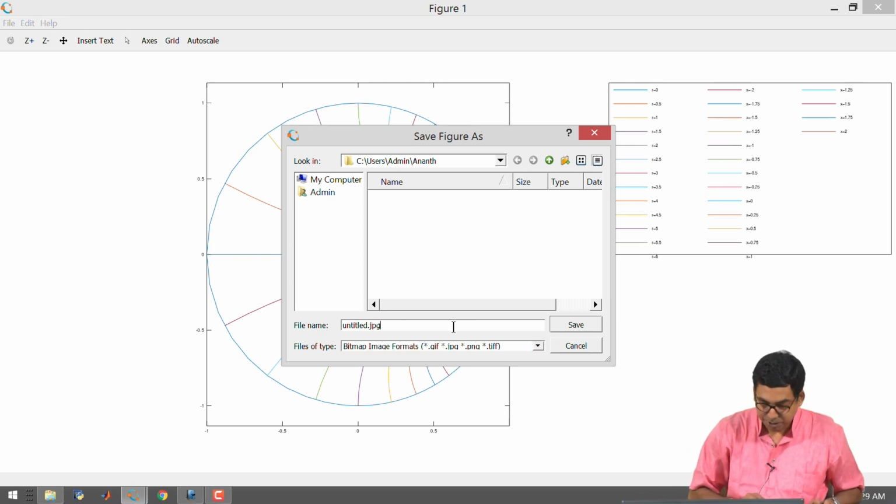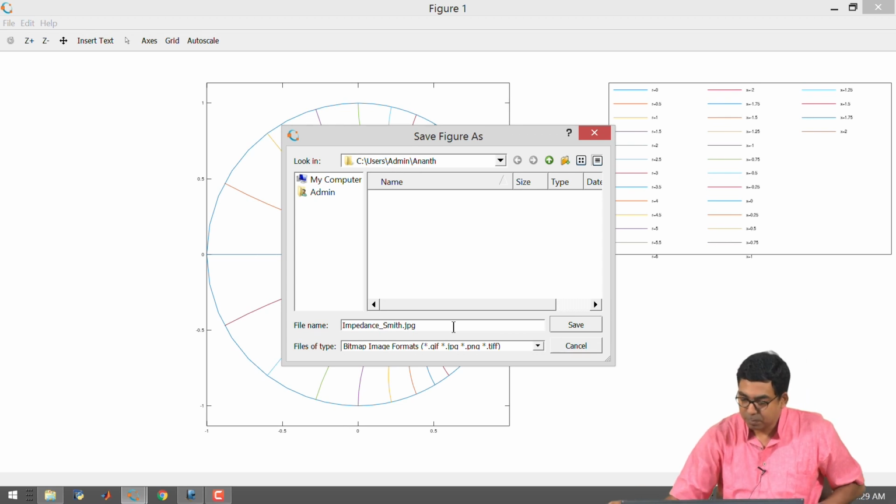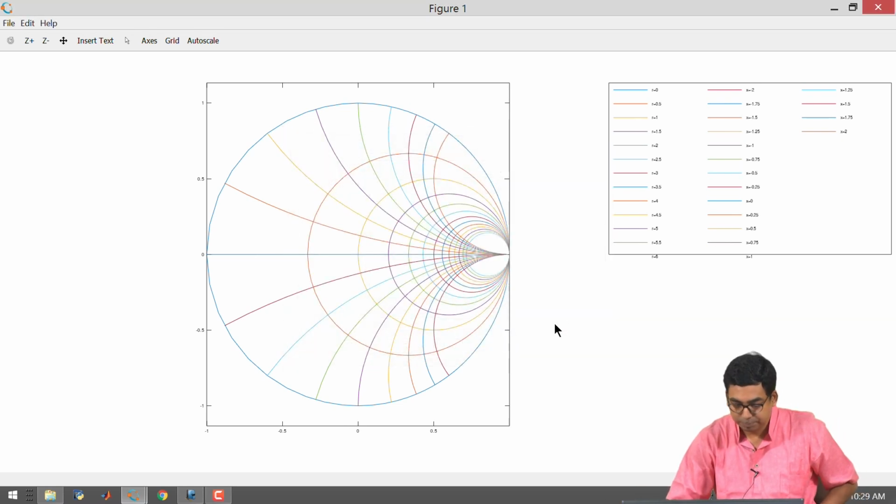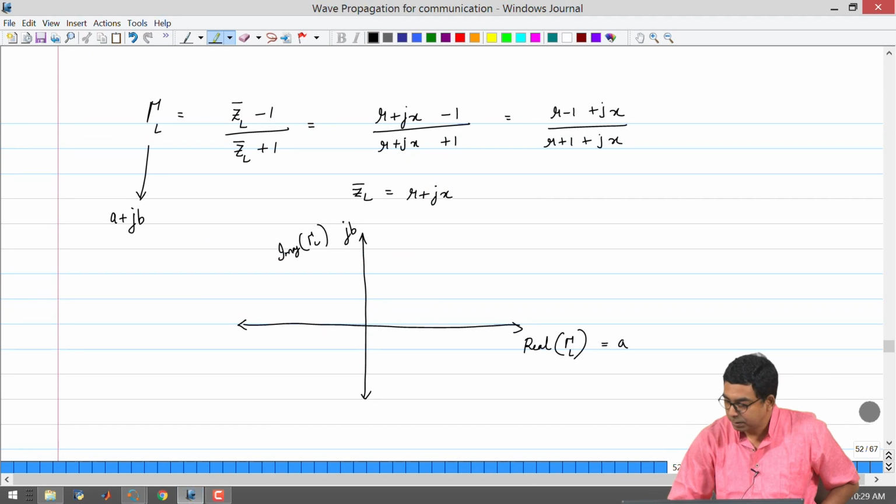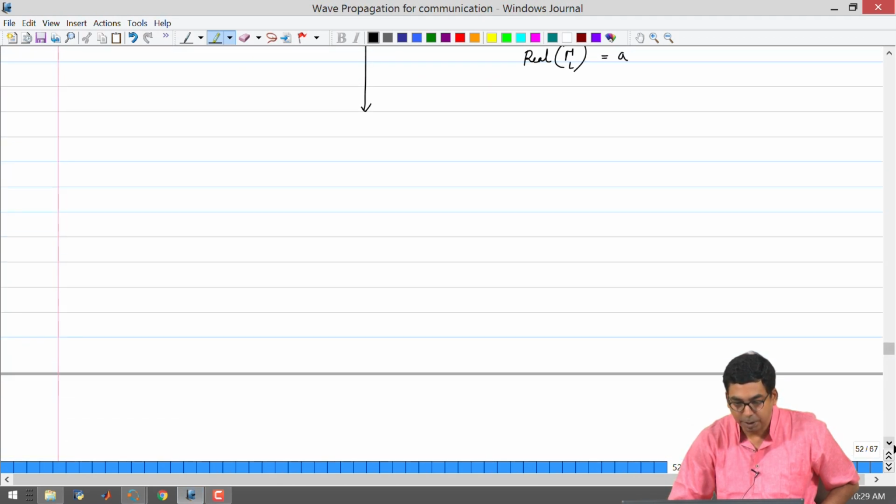As a JPEG. And I will import that over here.